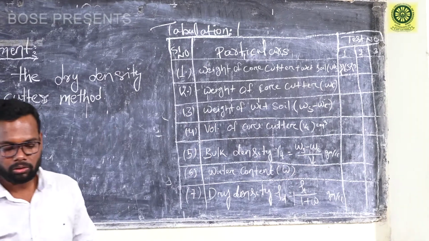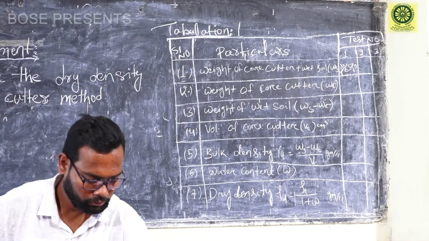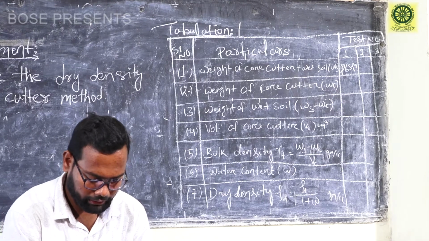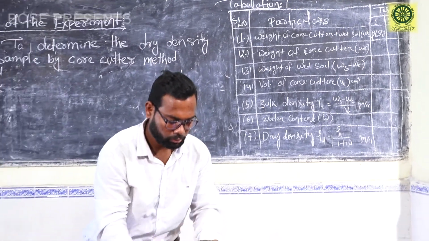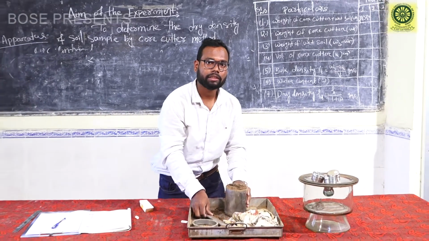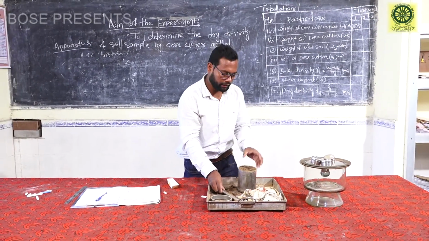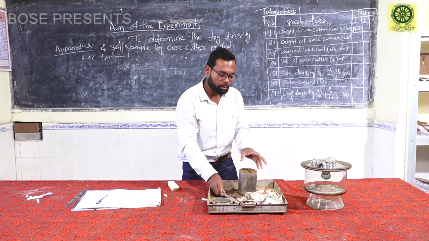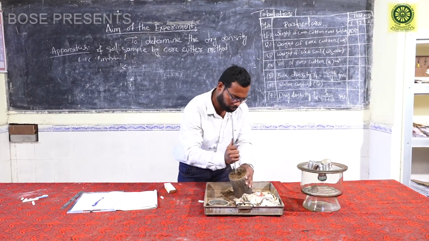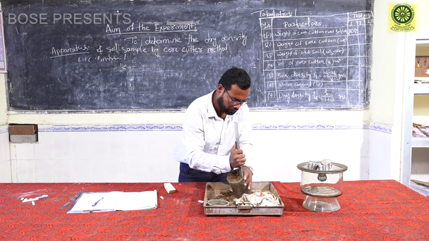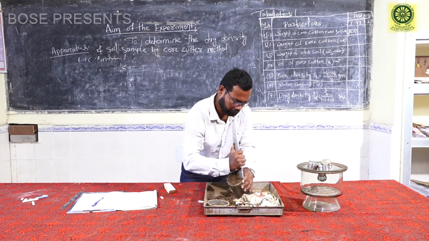The next step is we need to take some soil from the middle of the soil sample for the determination of water content, from somewhere in the middle portion of this soil sample. So from below, let us remove some soil sample.